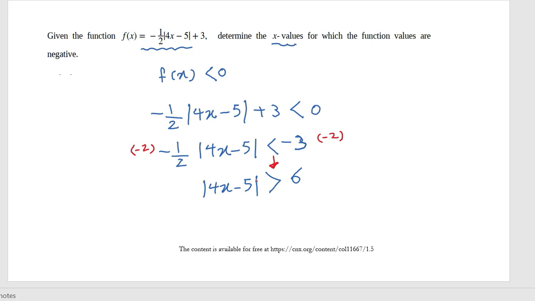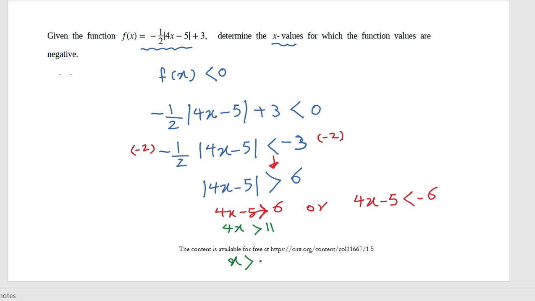So absolute value of 4x minus 5 is more than 3 times 2, 6. In this case, 4x minus 5 is greater than 6, or 4x minus 5 is less than negative 6. From here, 4x is more than 6 plus 5, 11.